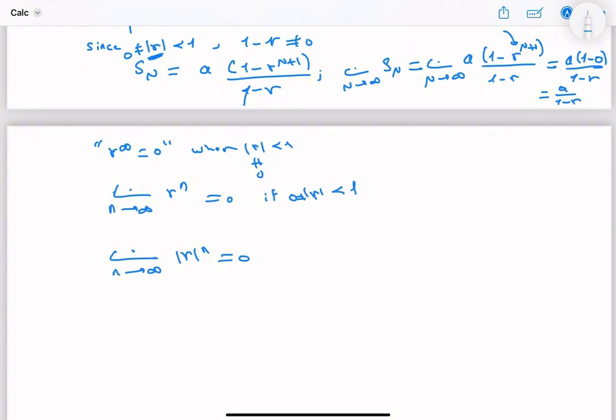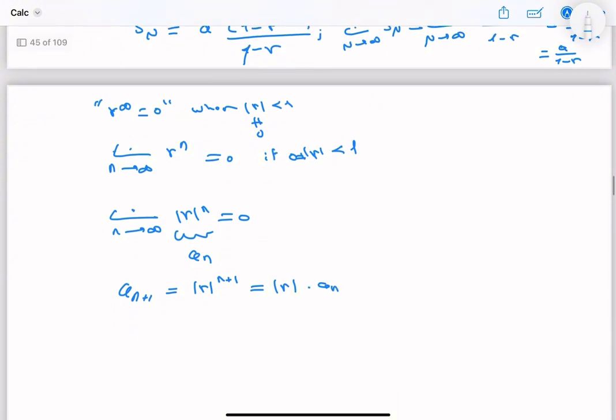Well, if you call this sequence a_n, then a_{n+1} is equal to the absolute value of r to the n+1, and this is equal to the absolute value of r times a_n. And now let's take limits both sides. Let me just mention here something.